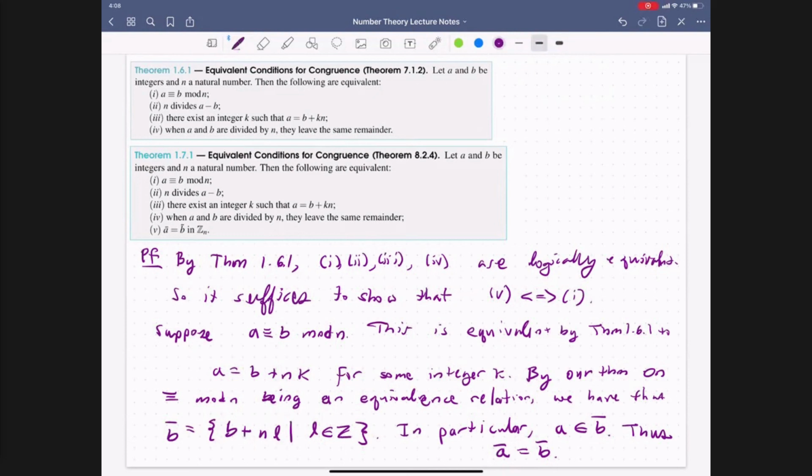So we could have replaced this in particular to this is equivalent to, and so now all of these things are equivalences, and so we now trace our way backwards, and we get that A bar equals B bar is the same as A congruent to B mod n. And so now that establishes theorem 171. And so now we have our statement for the various equivalent statements for congruence.